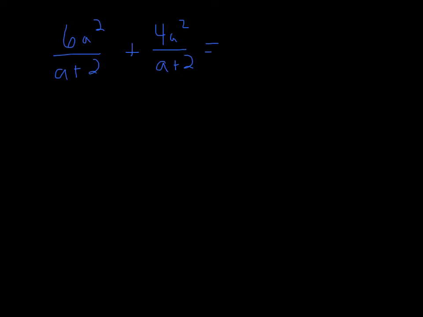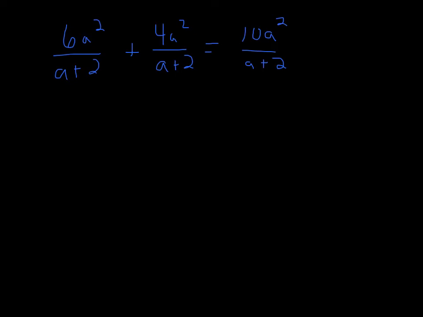Okay, this is on page 6 of your notes for Unit 7. Alright, so our denominators are the same, so we're just going to keep those, just like you would in a normal fraction. And then 6a squared plus 4a squared, that gives us 10a squared. And there's nothing we can factor out there, so we're just done. That's it, that's your answer. So 10a squared over a plus 2, that's your final answer.